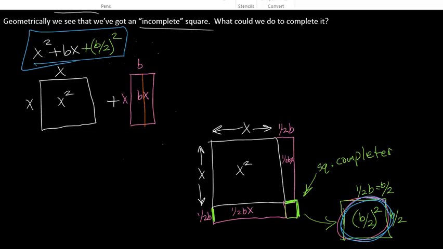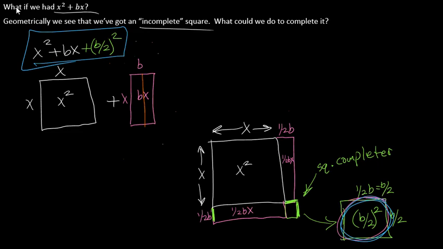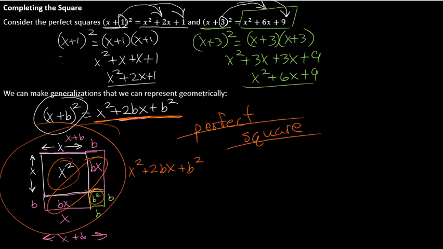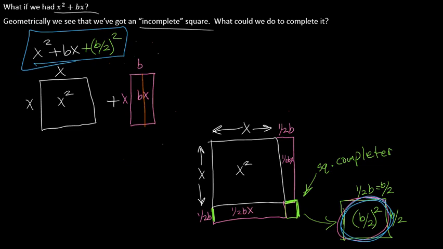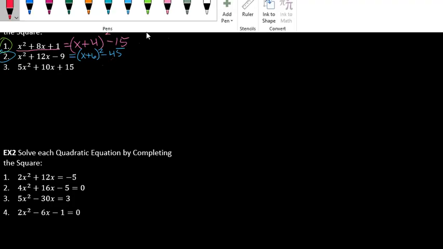Our generalization being that if you're trying to complete the square, all you really have to say is that x squared plus bx plus b over 2 all squared, and then plus some constant c, is equal to x plus b over 2 all squared plus c. Okay, so let's keep that in mind on this one.